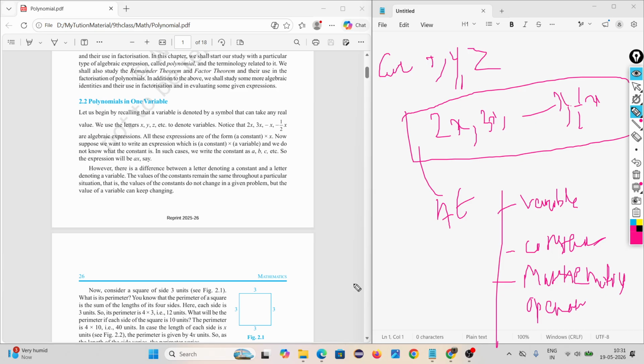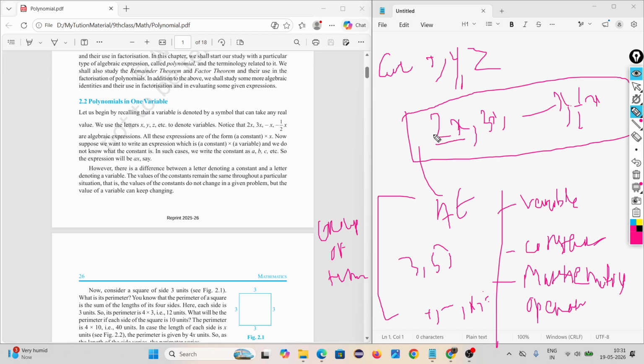Variable, you know, is represented by an English letter. Its value is not fixed. Constant is one whose value is fixed, like 3, 5. Mathematical operations like plus, minus, into, divide. A group of these terms is nothing but an algebraic expression.